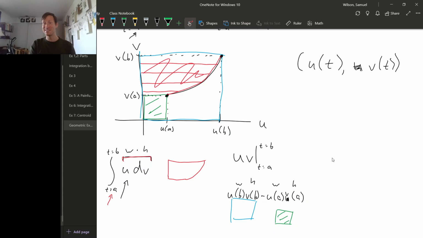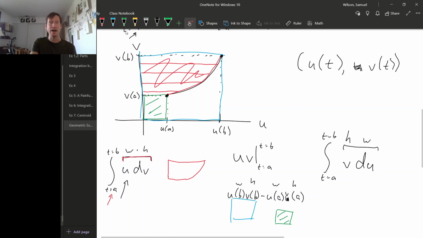Okay, the last piece in integration by parts is the integral from t equals a to t equals b of v du. What is this? This is the sum of infinitely many tiny rectangles. So let's figure out what these tiny rectangles are. v is a height, du is a width. So we're looking for rectangles that are v high and du wide.